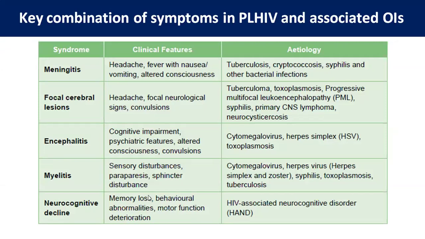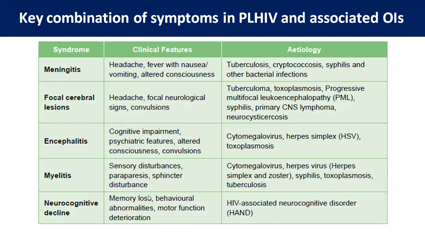Now, focal cerebral lesions could involve the basal ganglia or the thalamus. So it could be toxoplasmosis, progressive multifocal leukoencephalopathy, tuberculoma, multiple CNS lesions, primary CNS lymphoma, neurocysticercosis. Now, if it is encephalitis: cognitive impairment, psychiatric features, altered sensorium, convulsions, primarily caused by HSV, cytomegalovirus, and toxoplasmosis.